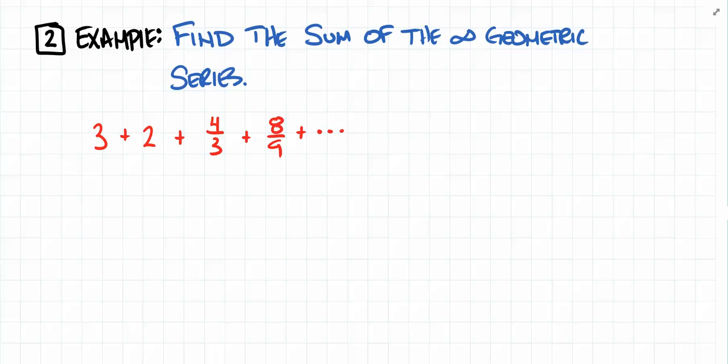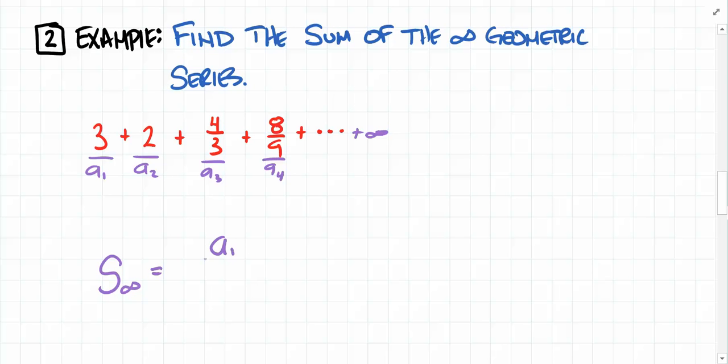Box number 2 is an example. It says, find the sum of the infinite geometric series. So the very first term is 3, the next term is 2, and then the third term is 4/3, and then 8/9 is the fourth term, and it keeps going all the way out to infinity. Okay, so if we're going to sum to infinity, we know that the formula is the very first term over 1 minus the ratio.